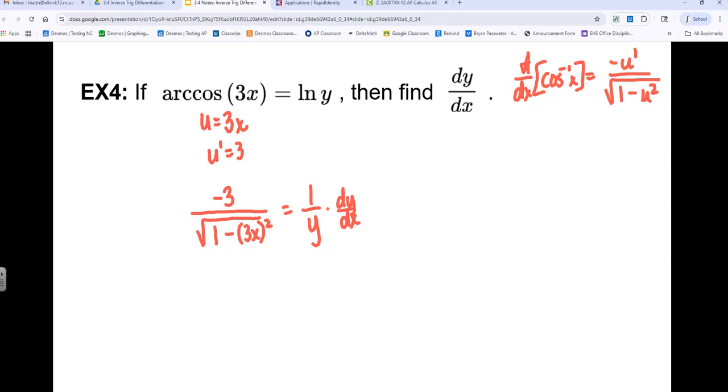Okay, so I need to solve for that dy dx. I need to get it by itself to get the answer to this problem. I need to divide by 1 over y, but I don't like dividing fractions. Dividing fractions is easy as pie. Flip the second and multiply.